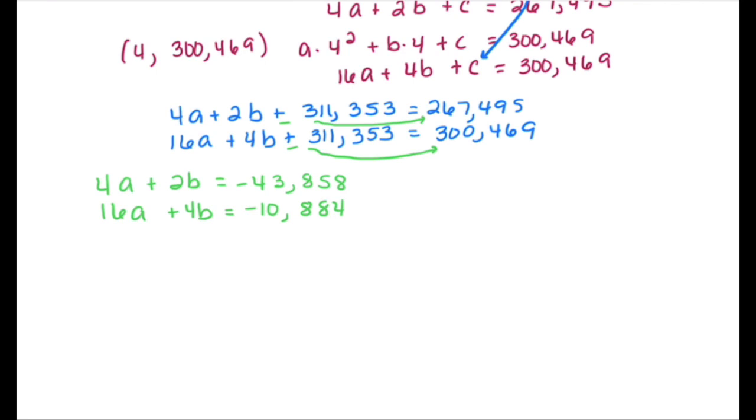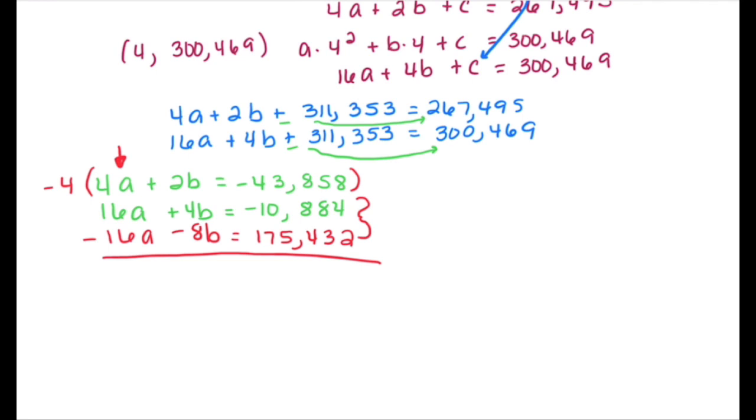I think it might be best to eliminate the a by simply multiplying my top equation by negative 4, so that I have negative 16a minus 8b equals positive 175,432. Now looking at these two equations, we can add them together.